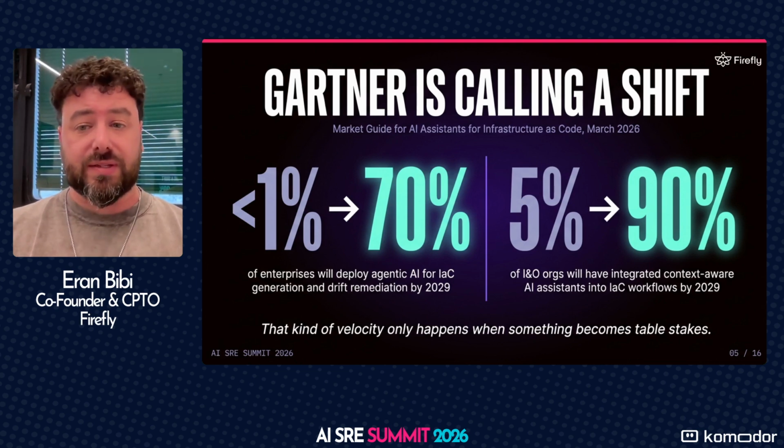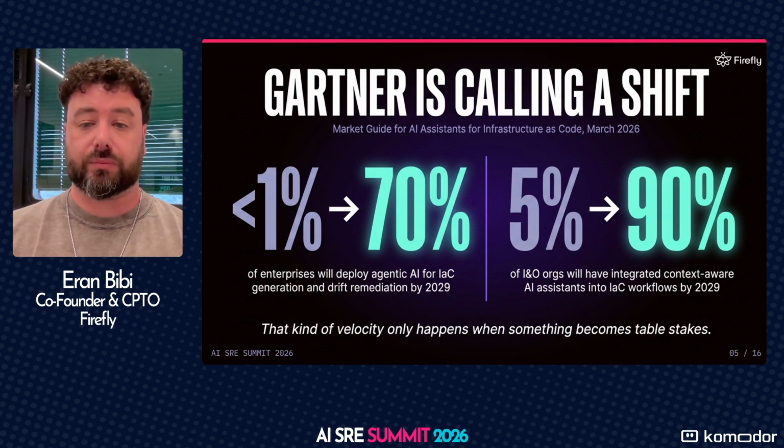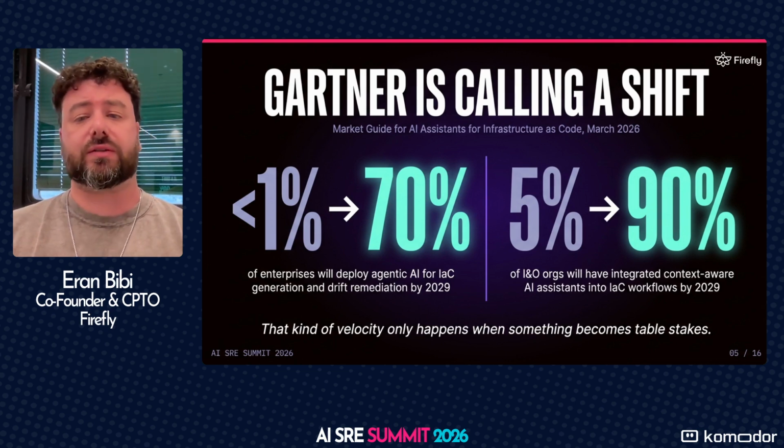And 90% of infrastructure and operations orgs will have context-aware AI assistants integrated into their IaC workflows. That kind of velocity only happens when something becomes table stakes. So the question this talk asks is, what does the AI layer actually have to look like for that to work?